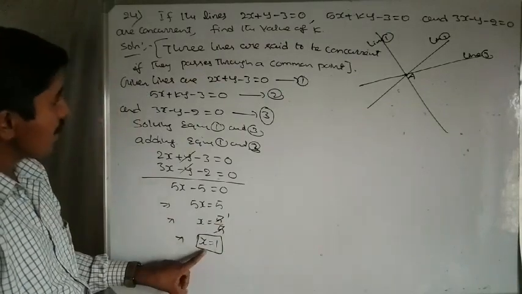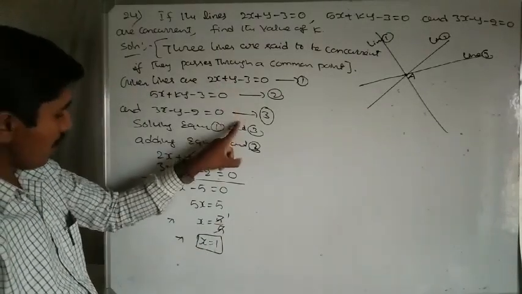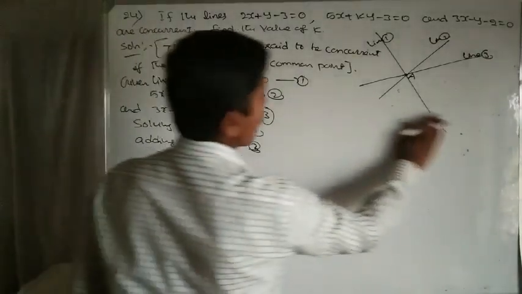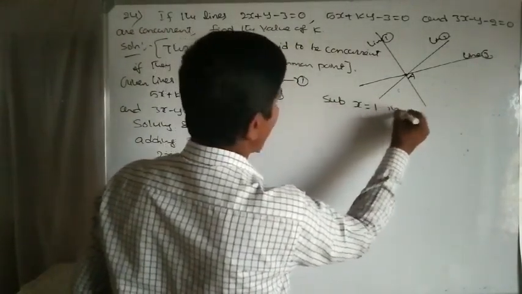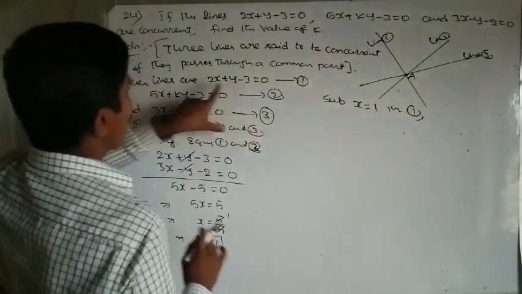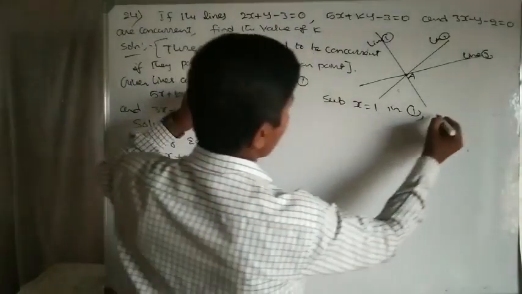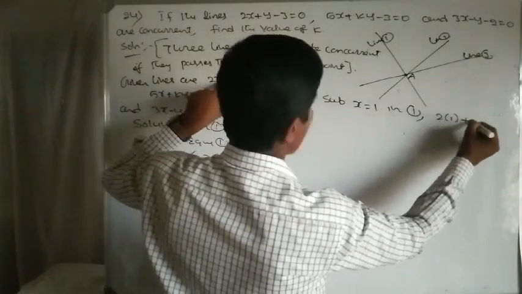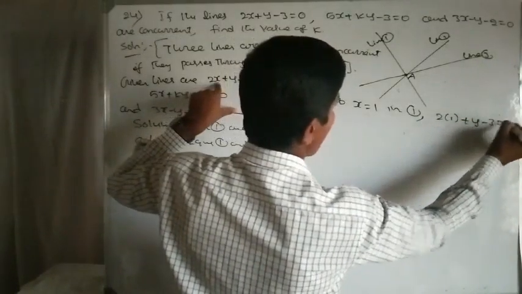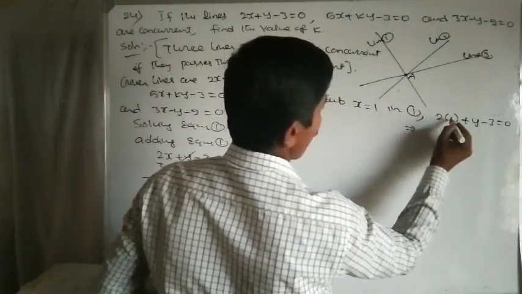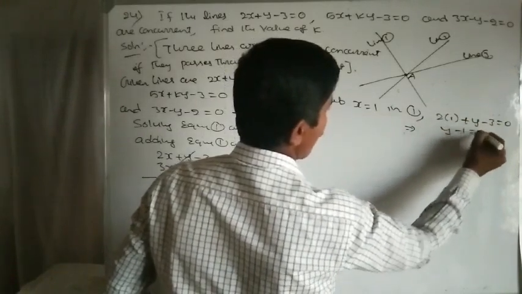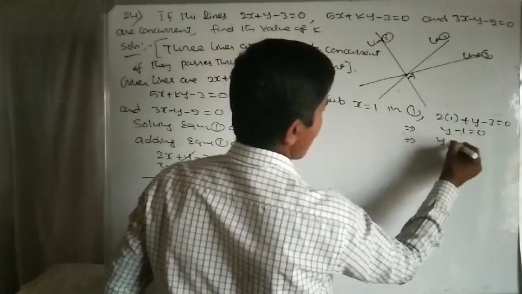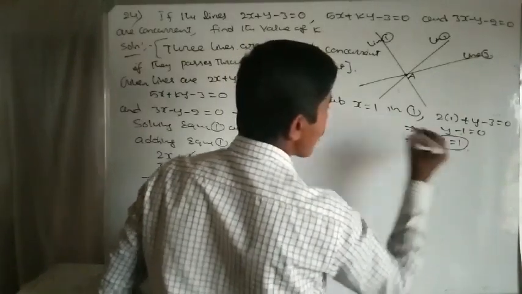Substitute x equal to 1 in equation 1 or equation 3, and we get the y value. Substituting x equal to 1 in equation 1: 2 into 1 plus y minus 3 is equal to 0. 2 minus 3 is minus 1, therefore y is equal to plus 1.